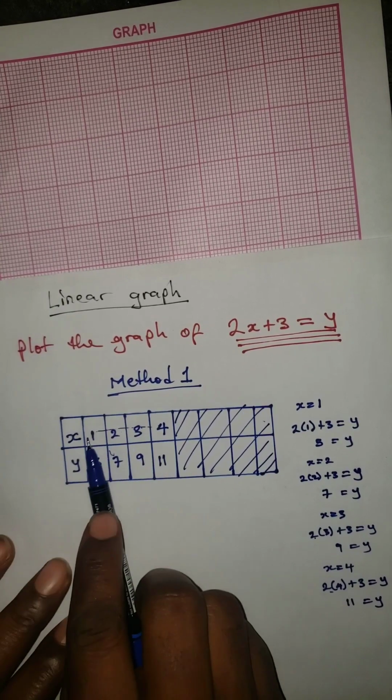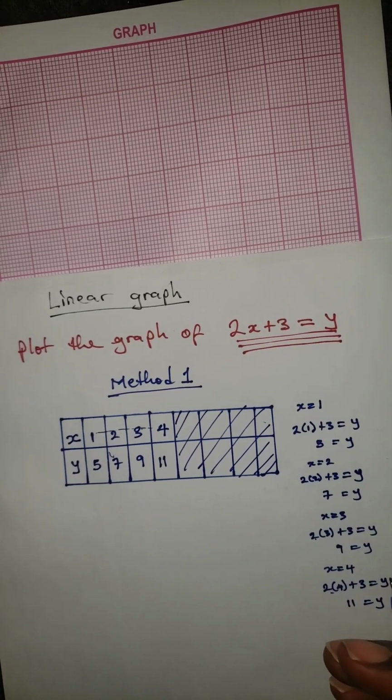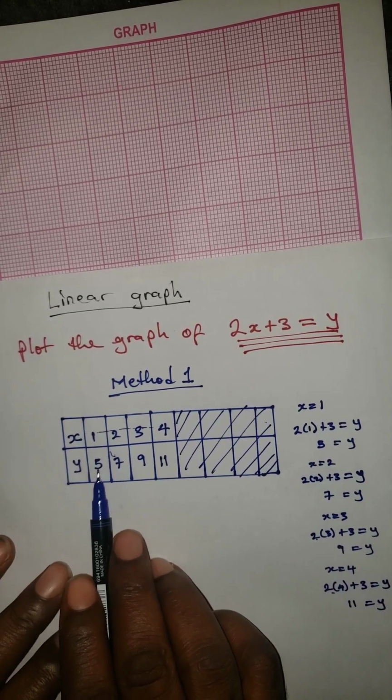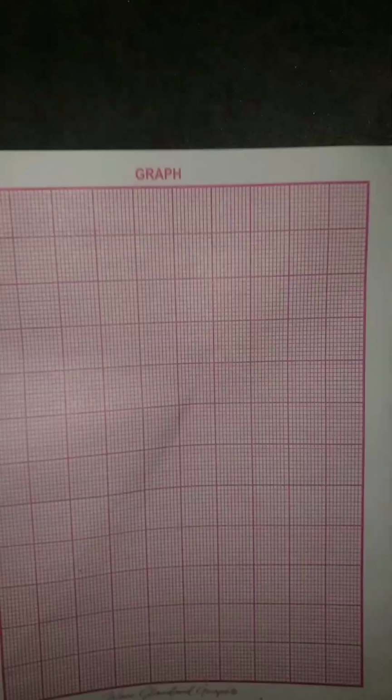So with this now, I will ask myself, which scale can I use? I have values from 5 up to 11 on the y-axis. So I will come to my graph.